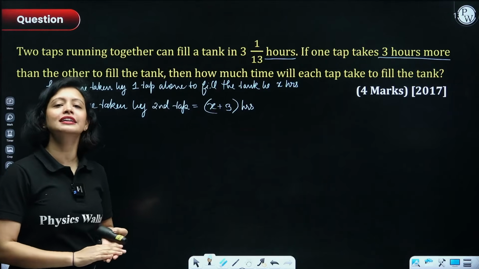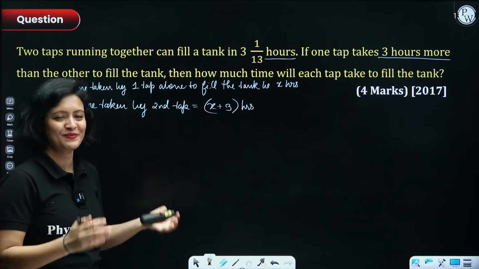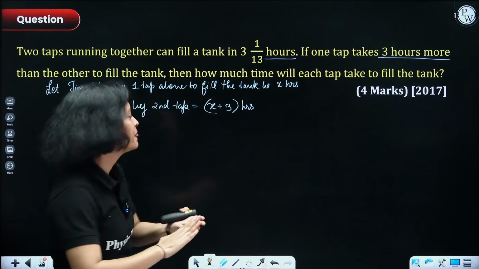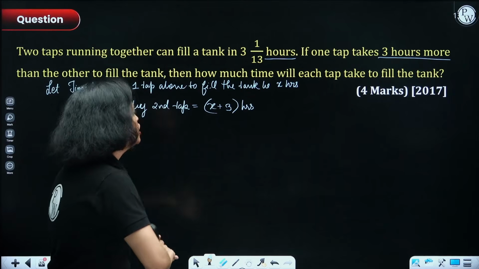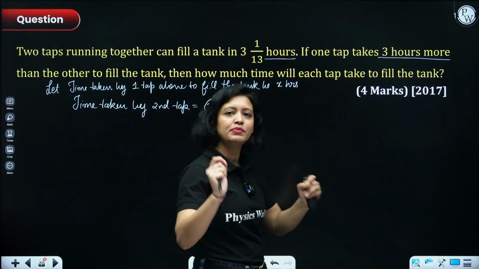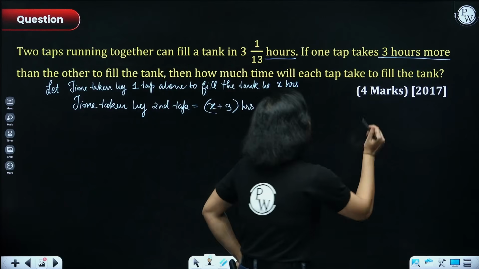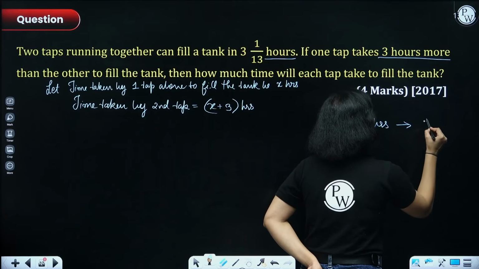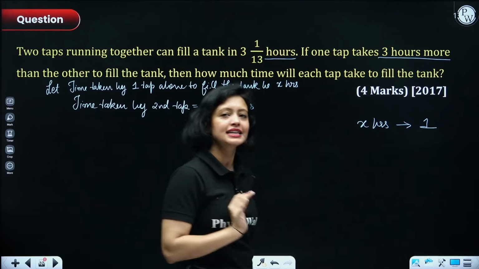Now it's time to form the equation. Okay? How will you do that, everyone? So look, here let's apply some common sense. In x hours, one tank is being filled.